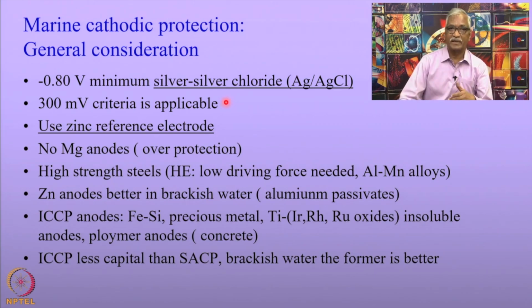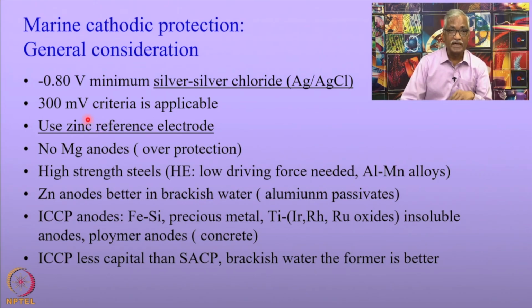Because the marine environment is rich in chlorides, the saturated copper sulfate electrode is seldom used; rather, they use the silver chloride electrode, and so the potential against it is minus 0.8 volts. That is the criterion for cathodic protection.